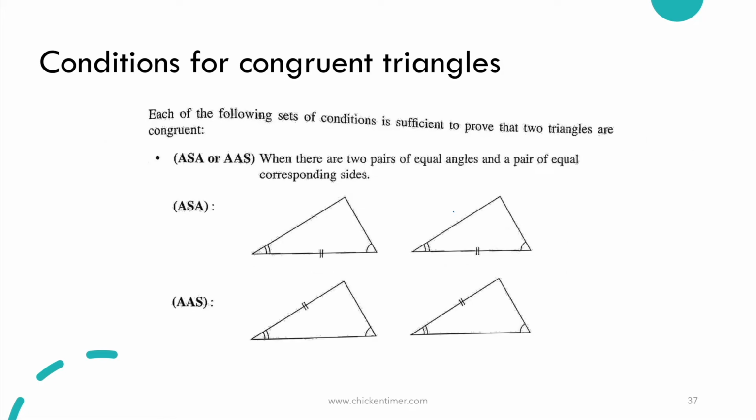Then you have ASA or AAS. That means you show two angles that are same and one side is the same. The side should be the included side between two angles, or you will show two angles and one last side, like that.